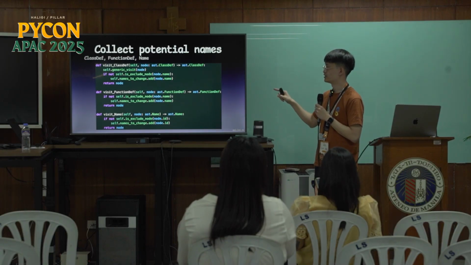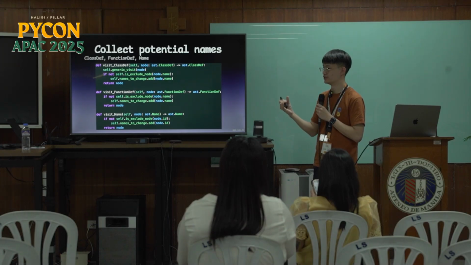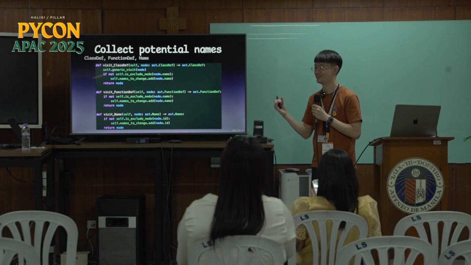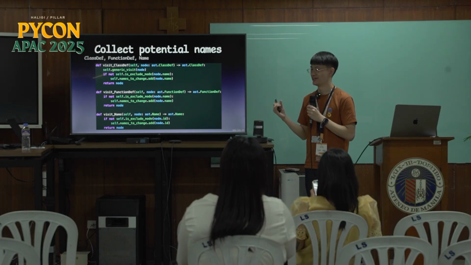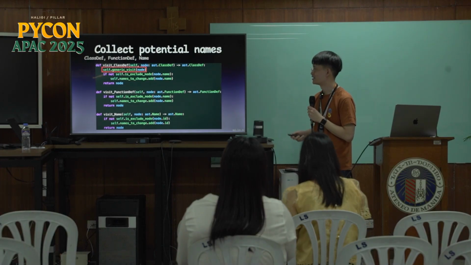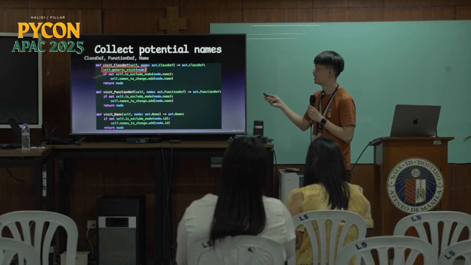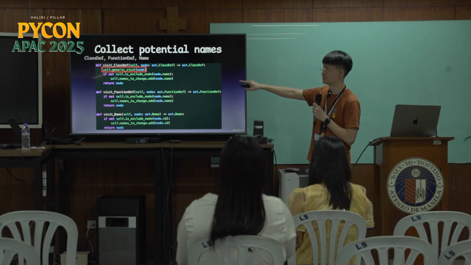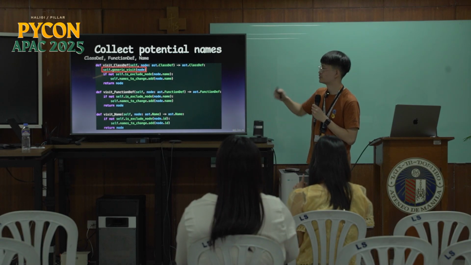And we'll try to visit all the class definitions and build out a mapping where, for example, if the function name is native func, we'll rename it as F2C. So this is how it looks. Yeah, we'll visit the node and we'll check whether it's excluded. If not, then we'll just add it to the mapping of names to change.